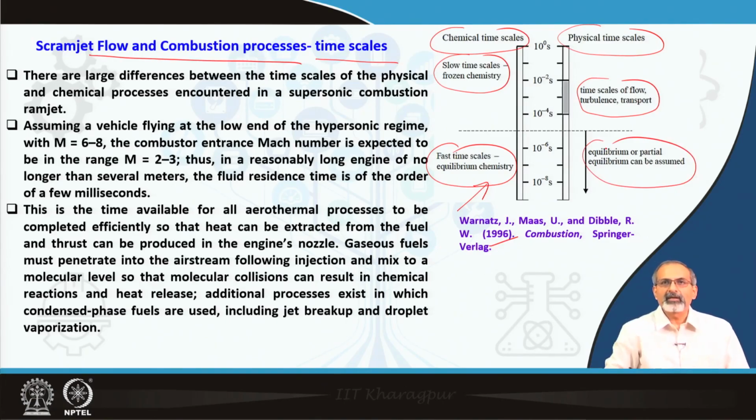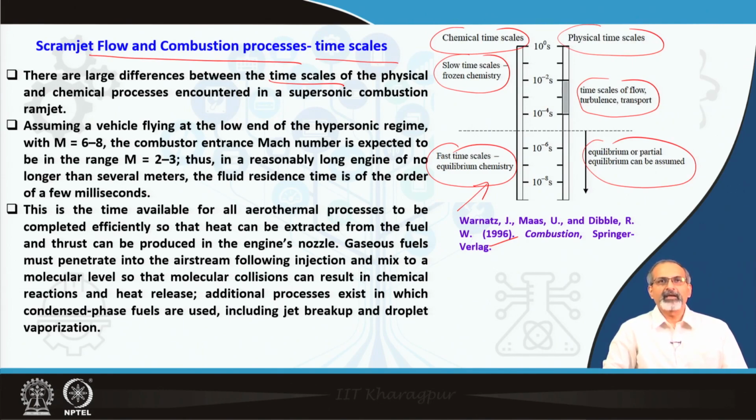So, that way we are able to see the typical magnitudes, ranges of magnitudes where the different time scales operate. There are large differences between the time scales of the physical and chemical processes typically encountered in a supersonic combustion ramjet.